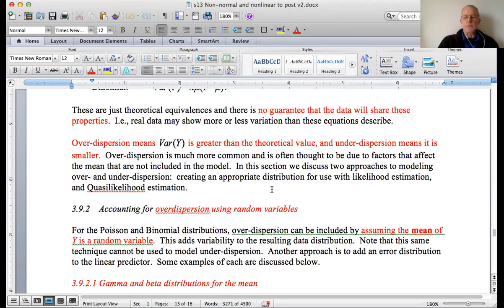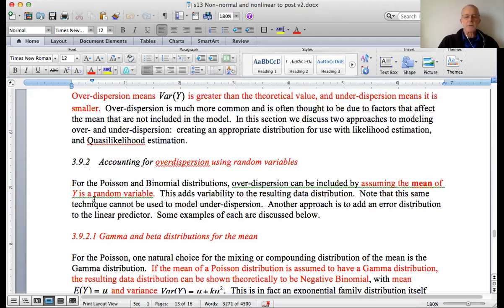Good names for those. And there's a couple different ways of modeling this situation of over or under dispersion. Over dispersion is by far the most common, and it's also the easiest to handle, which is kind of a nice coincidence. There's a few different ways for handling over dispersion, which I'll tell you about.